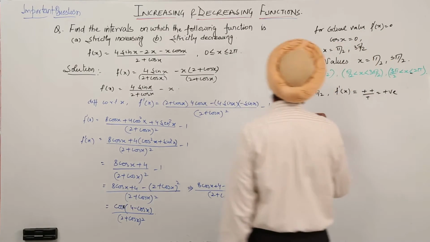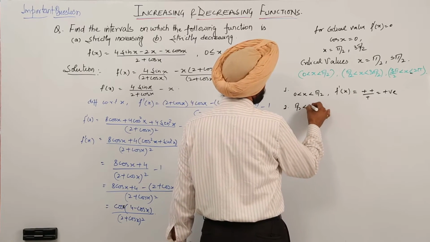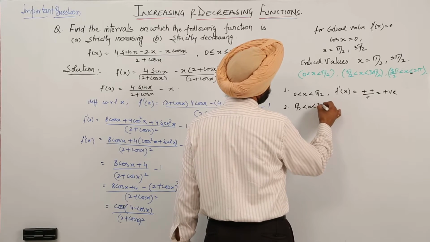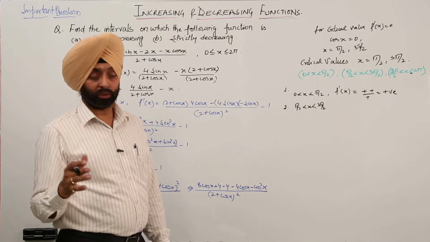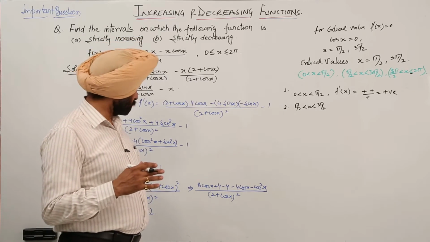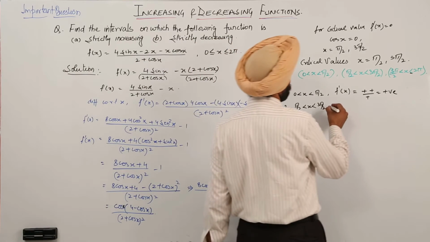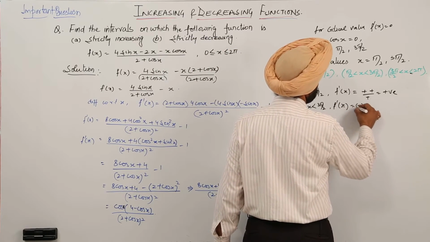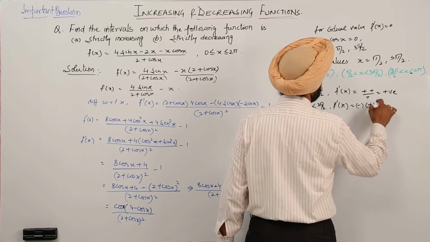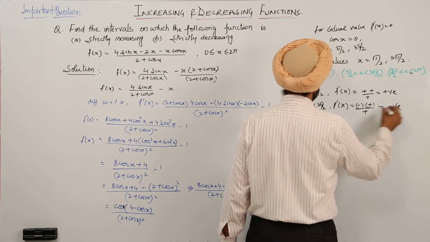Now for number 2, pi by 2 less than x less than 3 pi by 2. Here from 90 to 270 degrees, cos x is negative. So f'(x) is negative, then positive upon positive, so this becomes negative.